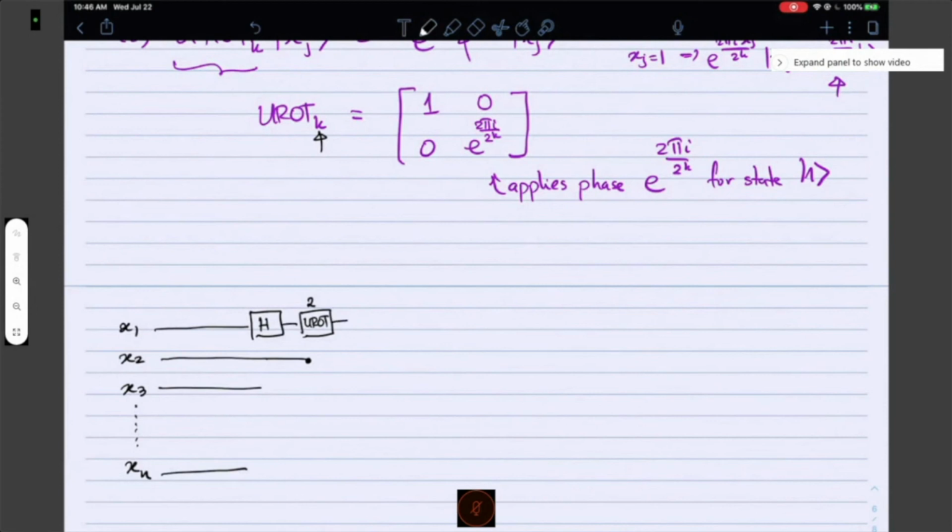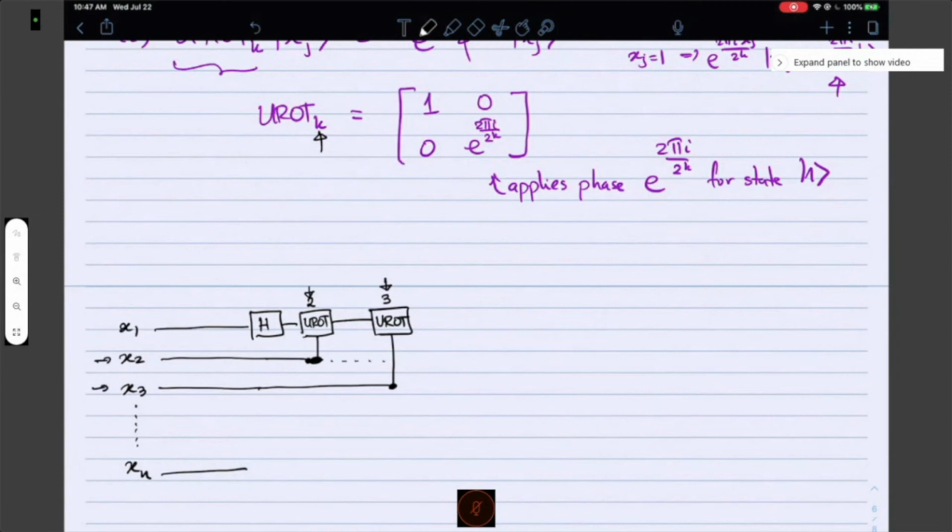Okay, so that's a controlled U rotation, which I'll write down like this. And then another U rotation, this time with power 3, coming from this bottom qubit. I want you to notice something here. This 2 came from this 2. This 3 came from this 3.